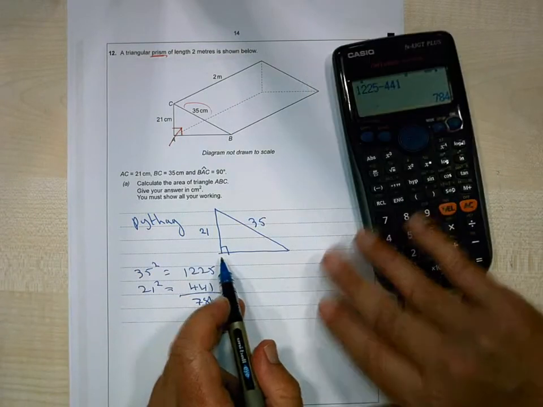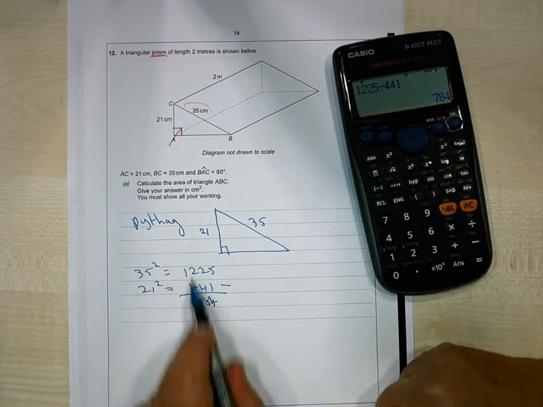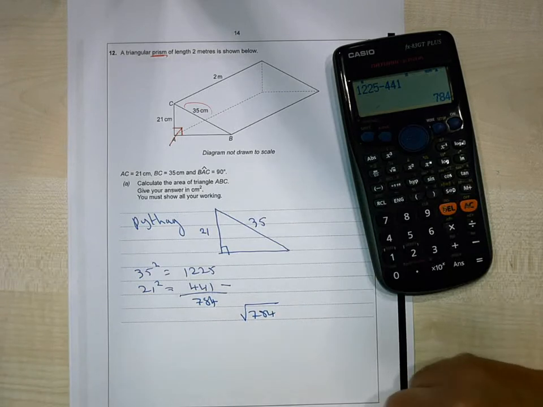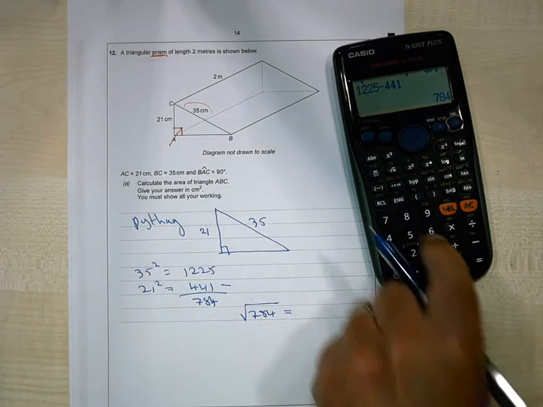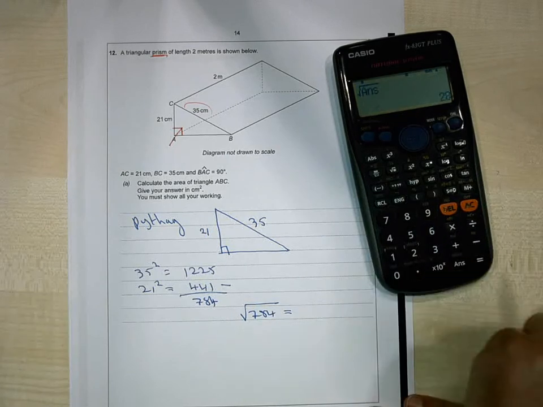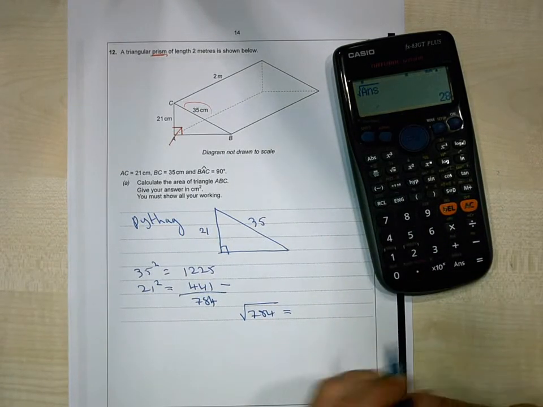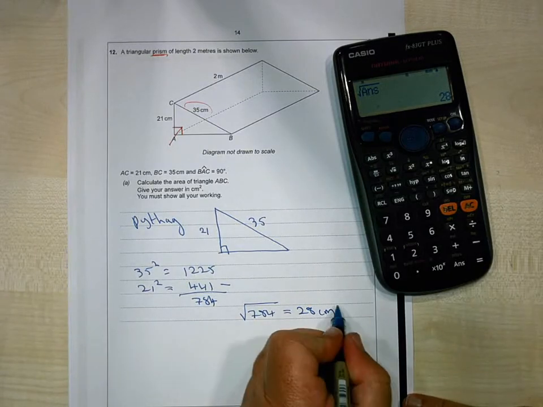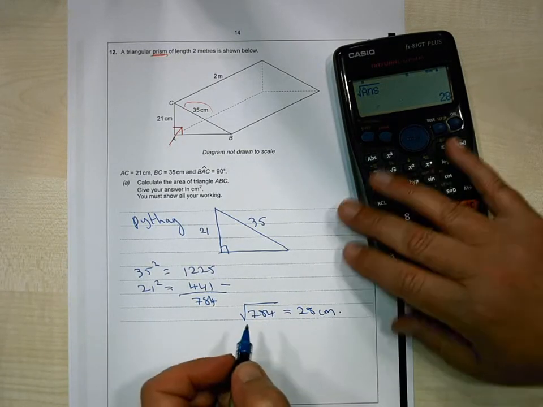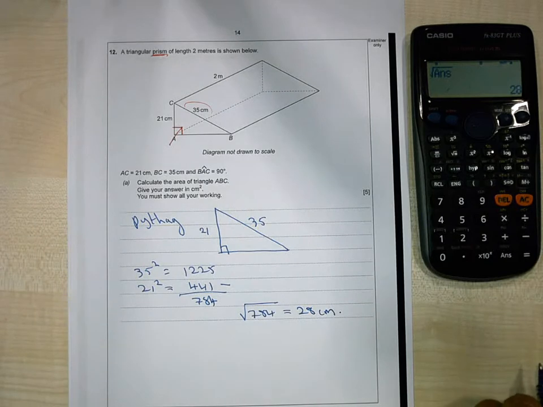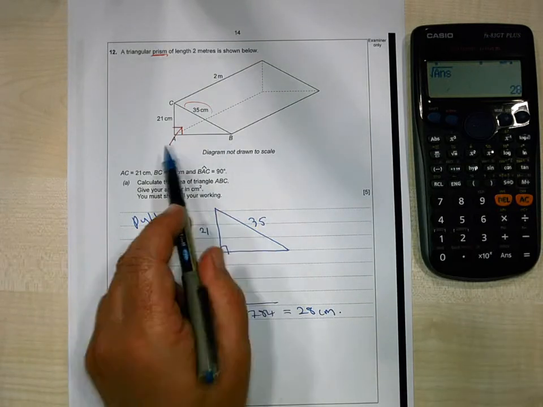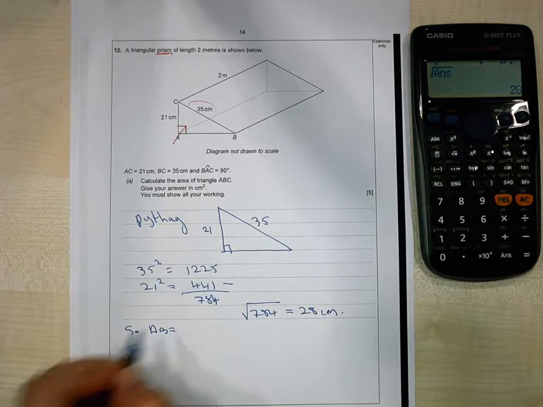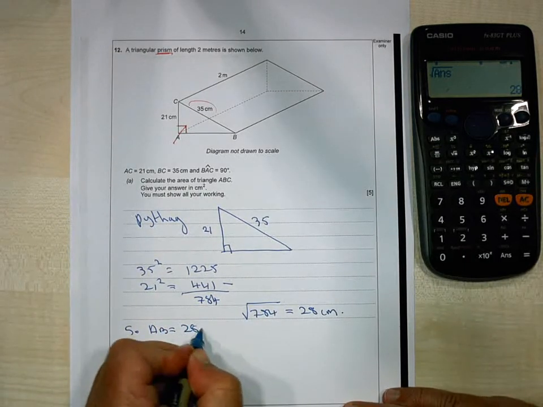But I don't want to be working with squares. I want the length. So I've now got to undo my squares by square rooting. The square root of 784 is 28 centimeters. Oh, hang on, I haven't finished yet, have I? That's the length AB. So AB is 28 centimeters.